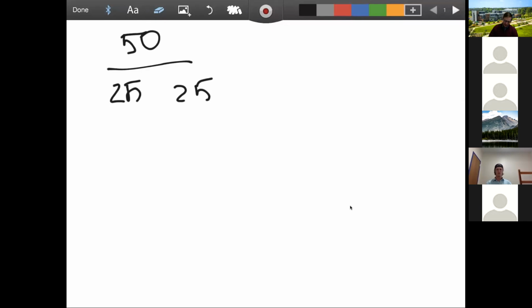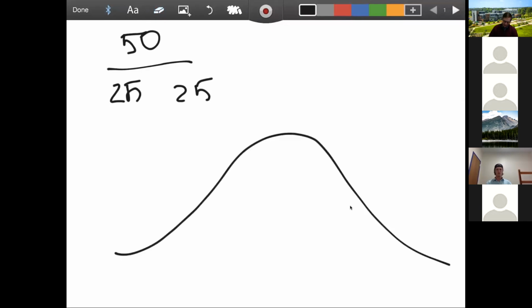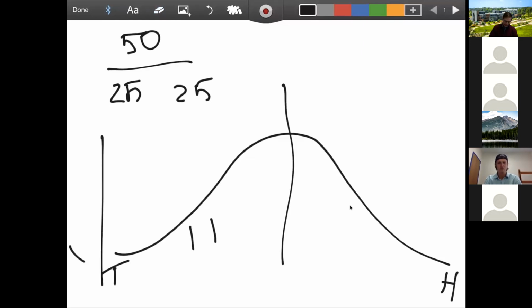right? And so if we look at this distribution, this would be an example of essentially all tails. This would be all heads here. And then you're getting the split of them. And you can see near 50-50 is where you've got the biggest frequency, right? So this is just frequency here.